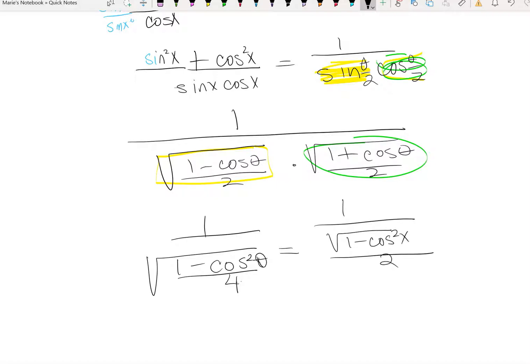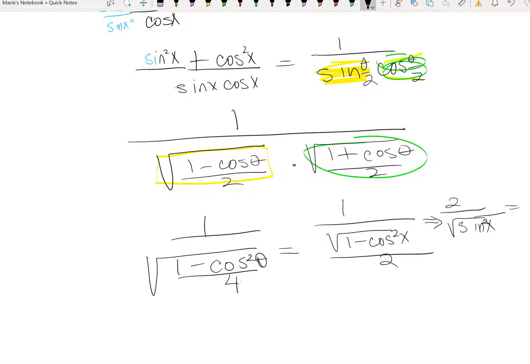So if I keep change flipped, I end up with 2 over what is the equivalent of the square root of sine squared x. Again, go back to the identity. Kind of disregard the square root sign for a moment. And so remember that 1 minus cosine squared x is equivalent to sine squared x. Alright, just take that in for a sec.